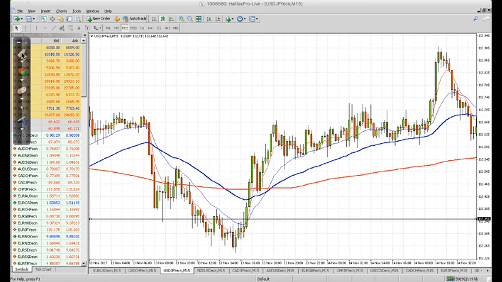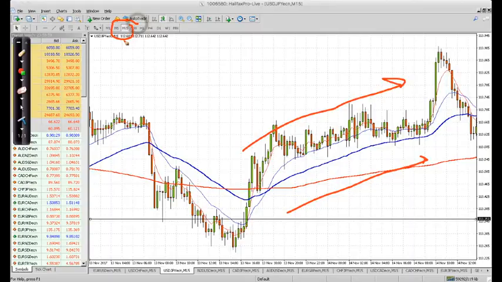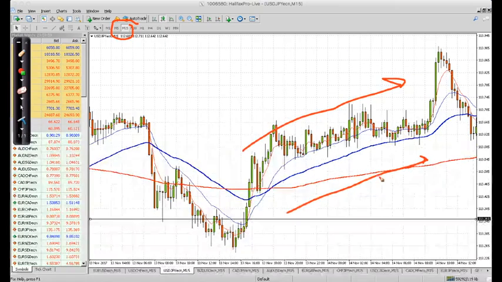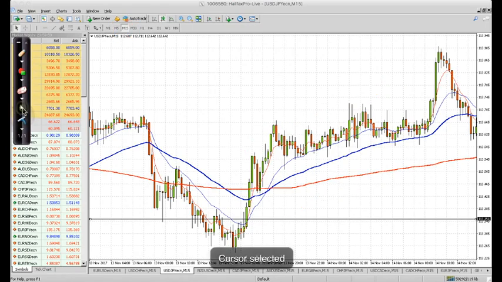So you can see over here that you may identify this as an uptrend, right? Because on the 15-minute candles, right, you can see the moving averages are sloping up. You can see the 18 is above the 50 above 200. And let's imagine that you want to initiate a buy.